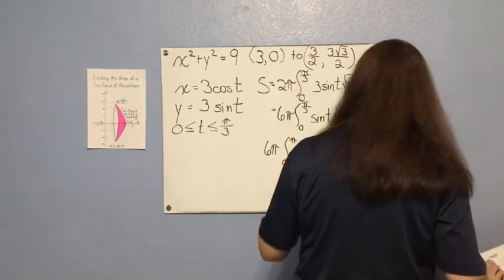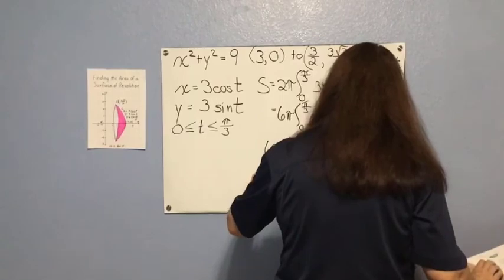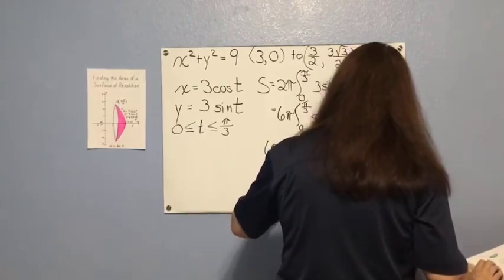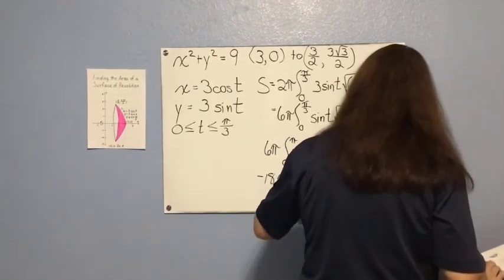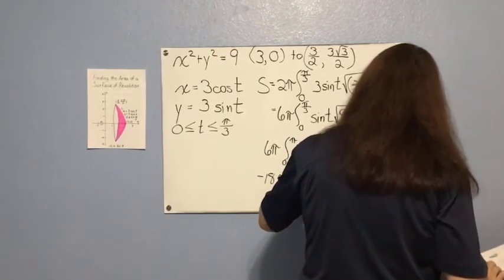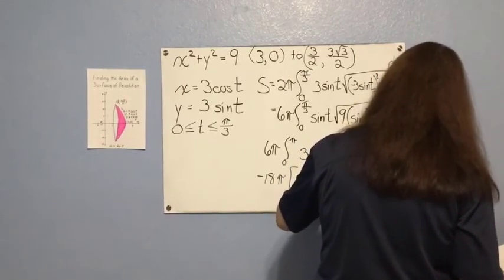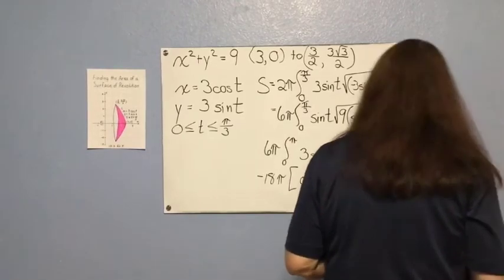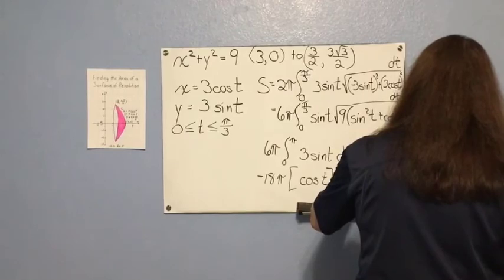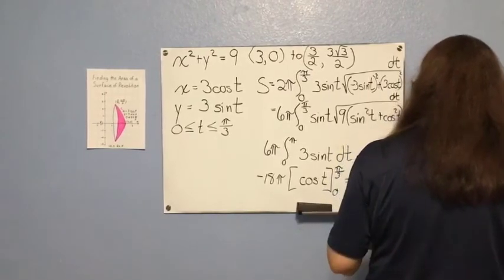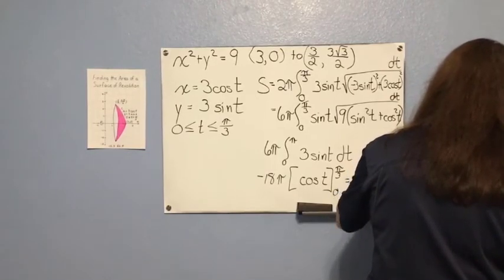And I can bring the 3 out, and when I integrate, I'm going to get a negative, so it's going to be negative 18 pi times cosine t evaluated from 0 to pi over 3, which is equal to negative 18 pi times 1/2 minus 1.